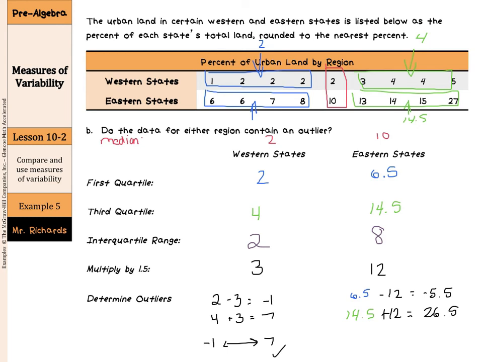And so the acceptable range without outliers here is -5.5 to 26.5. Well, does our data match that? No. We have that 27 there. So as we determine the outliers, yes, we have an outlier. It is in the eastern states, and it is the 27.